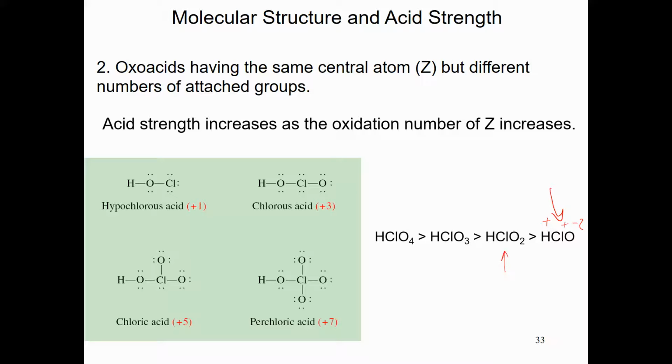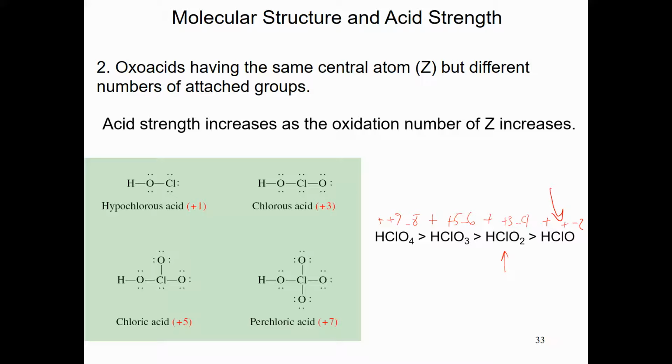Well, this goes to -4 for the 2 oxygens. It's -2, but there's 2 of them, so that's -4. This is +1, so this becomes +3. Then -6, +5. Then -8, +7.